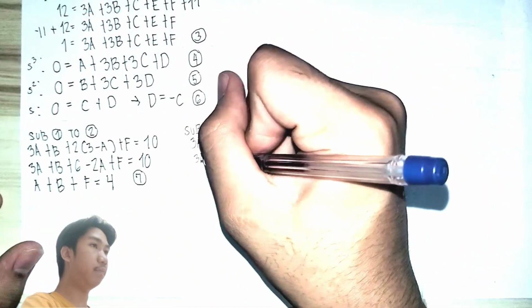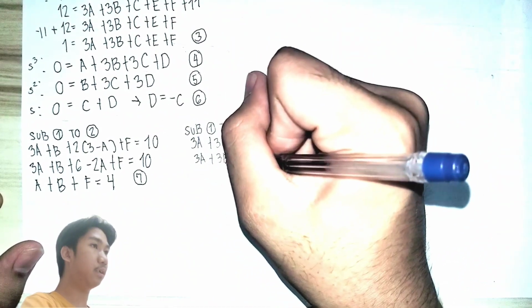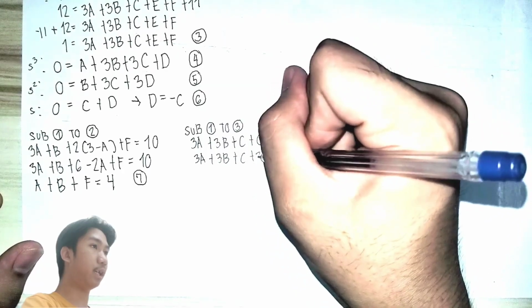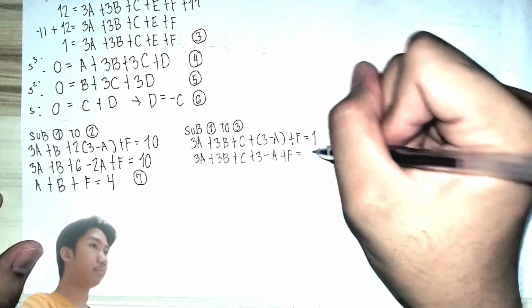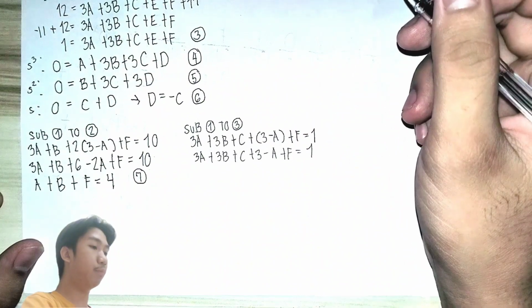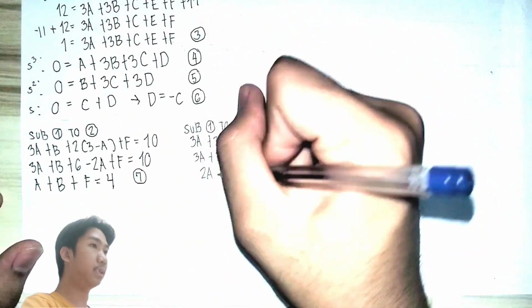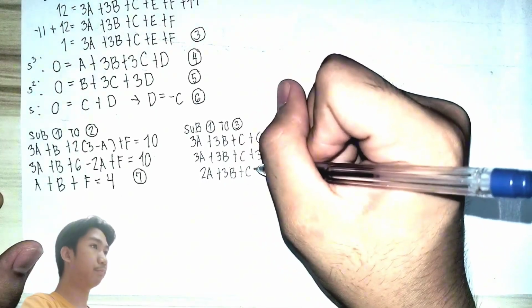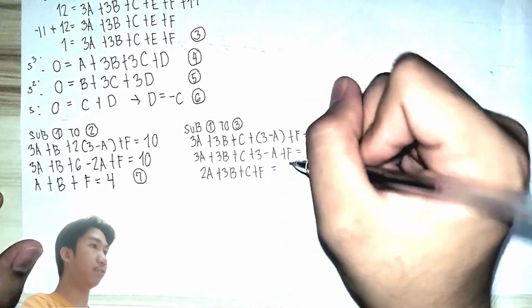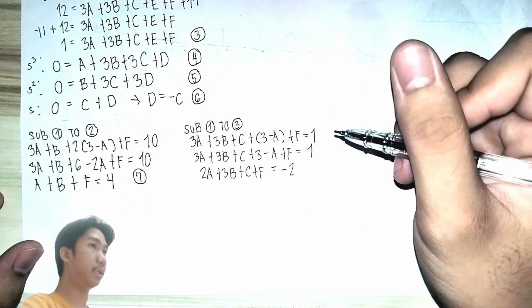That is 3a plus 3b plus c plus 3 minus a plus f is equal to 1. That will be 2a plus 3b plus c plus f is equal to negative 2. And that would be our equation number 8.